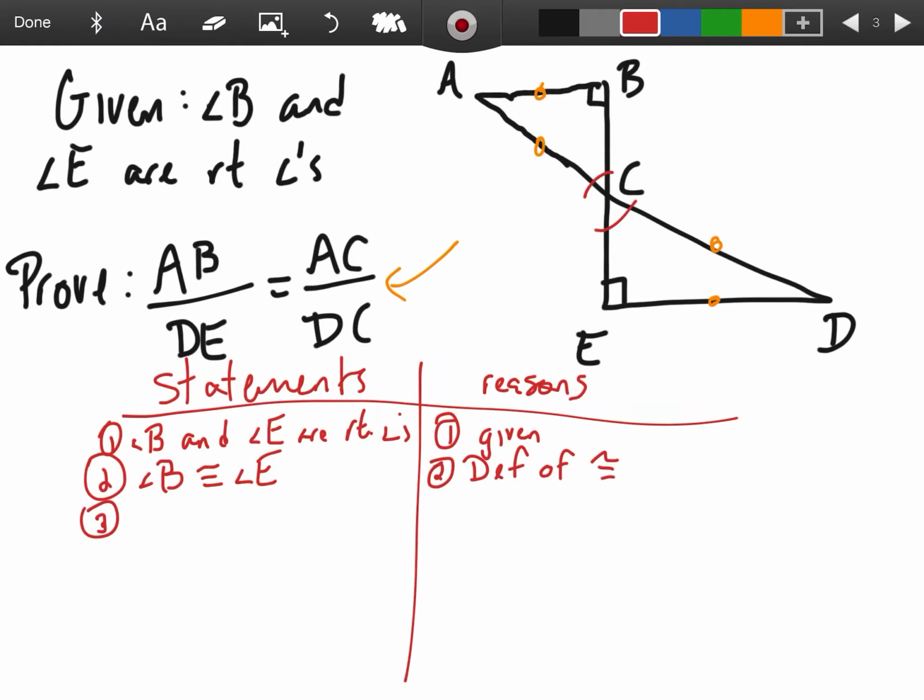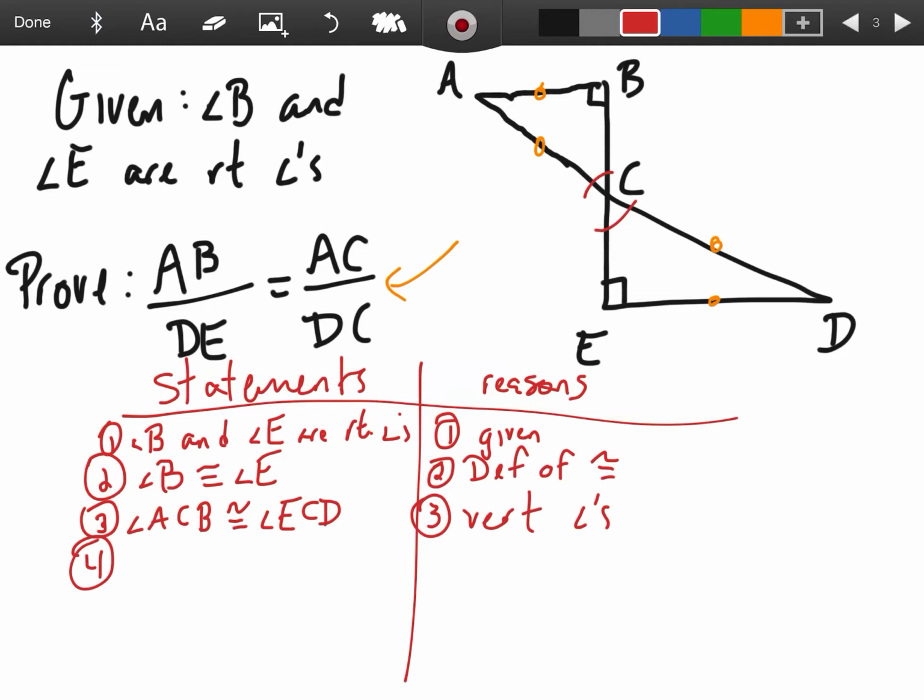Okay, our third step, now we can say that angle ACB is congruent to angle ECD. And my reasoning for that is, well, they were vertical angles, of course. All right, now that we have two angles that are congruent, we can state that the triangles are similar.